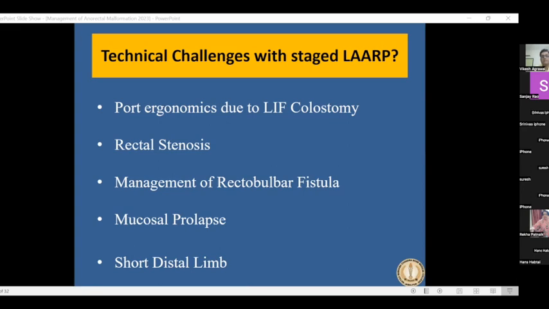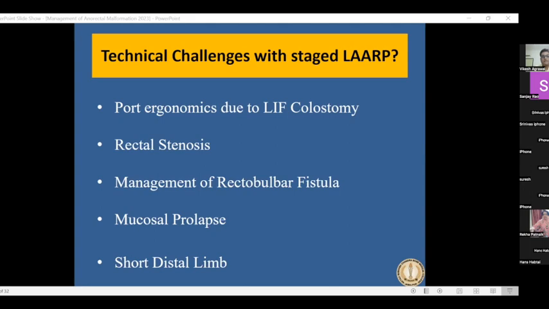Anal stenosis depends upon the vascularity of the rectum; if it is good, there is no anal stenosis. But rectal stenosis occurs at the level of the levator, where the rectum exits the pelvis; if that hiatus is narrow, that results in rectal stenosis. This is a very important observation from our experience.